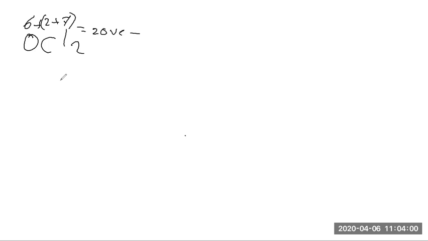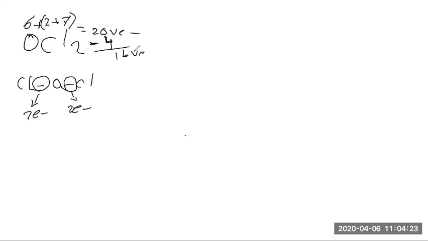Do the connection. Oxygen, Cl. How many electrons did you use to make the connection? So look here, this is 2 electrons. This is another 2 electrons, so I use 4. So it will be minus 4. So what is left? It is 16 valence electrons.